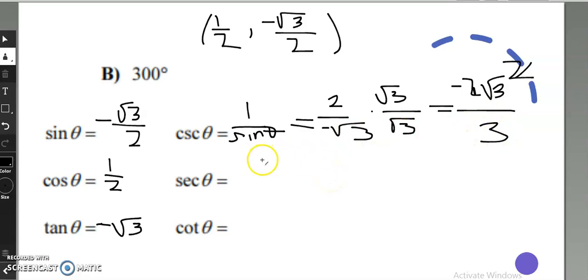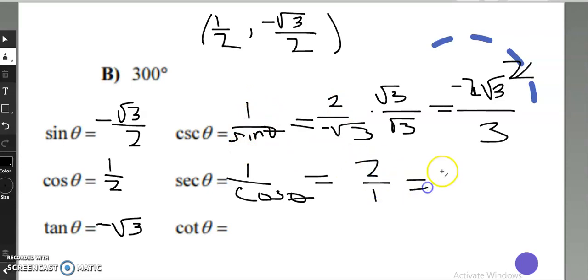For secant, I have 1 over cosine, which is just 2 over 1, which is 2. And cotangent is cosine over sine, or 1 over tangent.